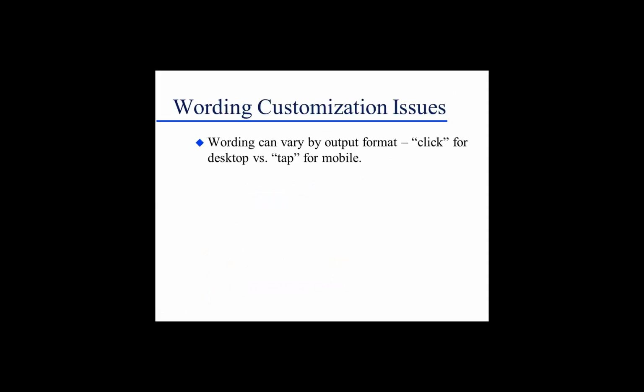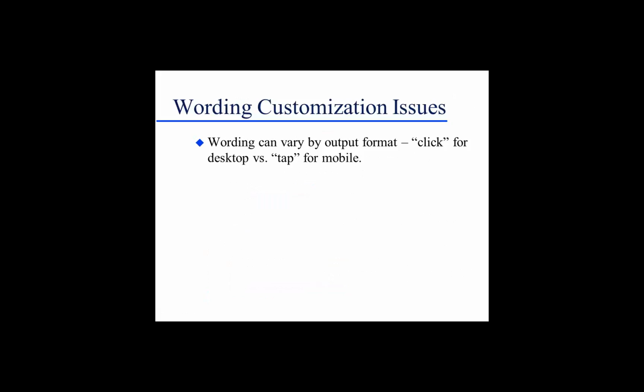All right, the last thing I'll show you here is sort of a wording customization fix or sort of a magic trick. If you've been writing for responsive design, you know that the wording changes on different outputs. For example, in the traditional desktop output, we would say click the button.